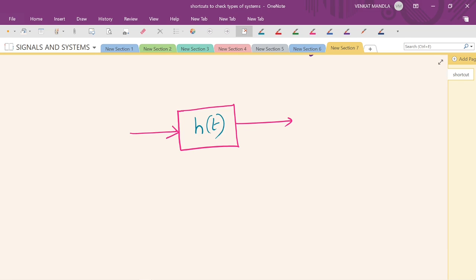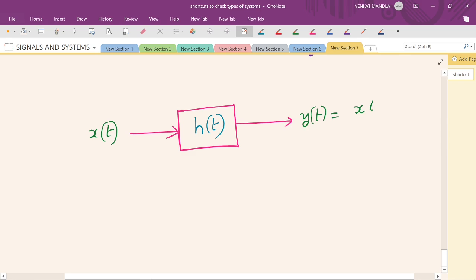Now I will give x(t) at the input. At the output, y(t) equals x(t) convolution with h(t), if the system is LTI, linear and time invariant. Now suppose it is the continuous time case.